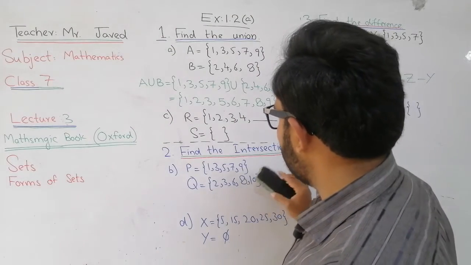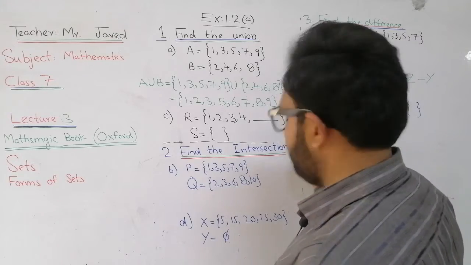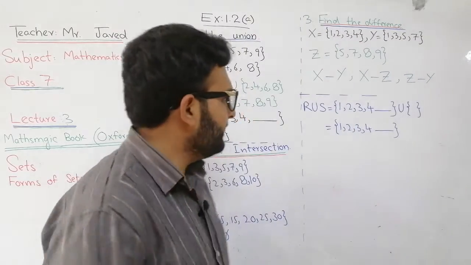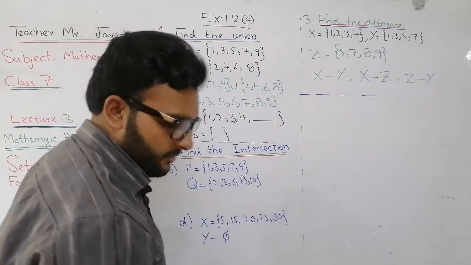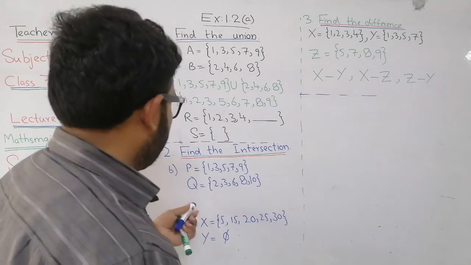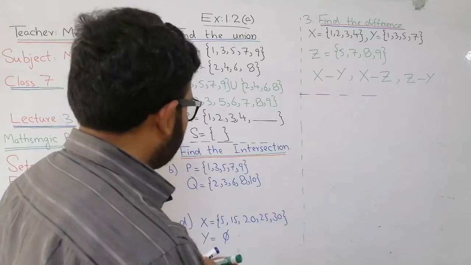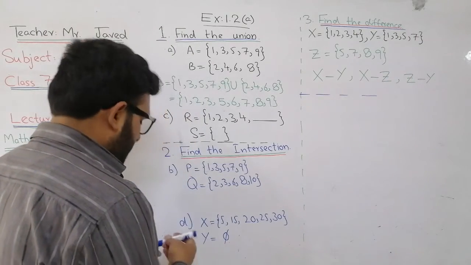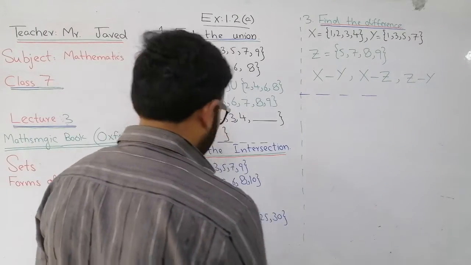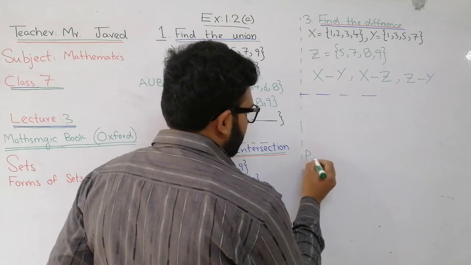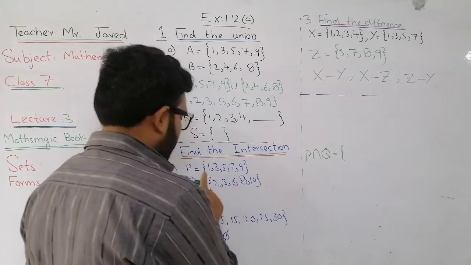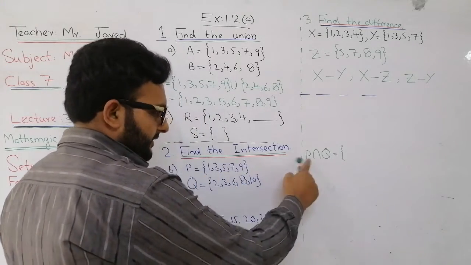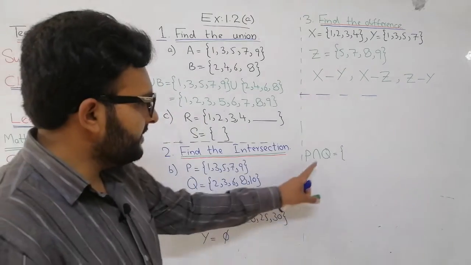So now we are going for intersection. I will erase this R union S. I will solve question number 2, part B. P and Q: we have to find the intersection of P and Q. This is the intersection sign, the symbol of intersection is like this.